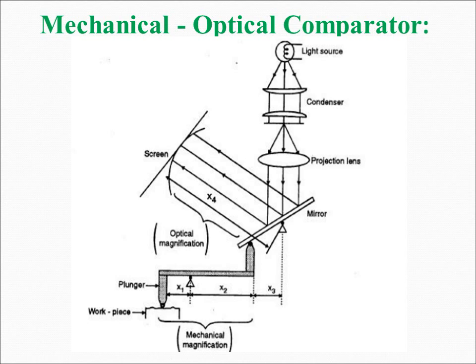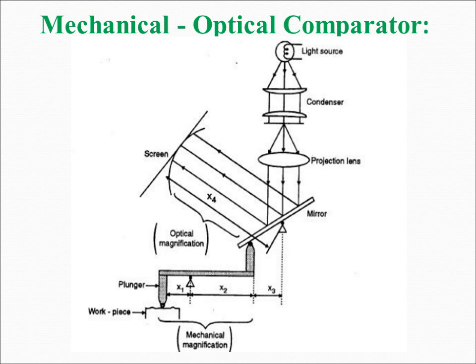There are two systems in this figure. The first system, from the light source up to the mirror, is the optical magnification system, and the second one is the plunger with hinges, which is the mechanical magnification system. The workpiece is kept below the plunger first, and whatever the surface features or differences in the dimensions of the workpiece, those are sensed by the plunger.